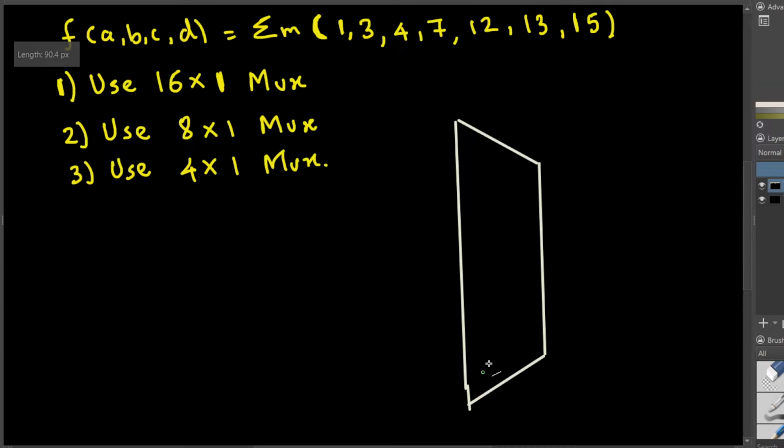For this one, we are going to have 16 inputs and 1 output. 0, 1, 2, 3, 4, 5, 6, 7, 8, 9, 10, 11, 12, 13, 14, 15, starting from 0. Let me expand this a little bit more so it will be clear.